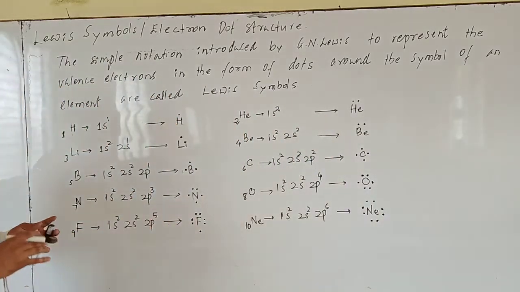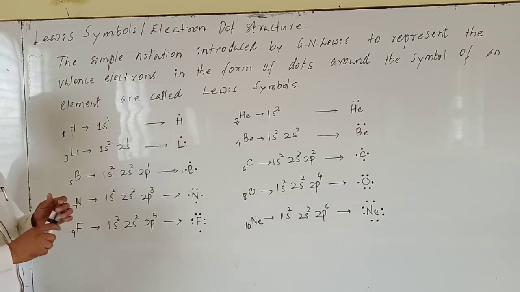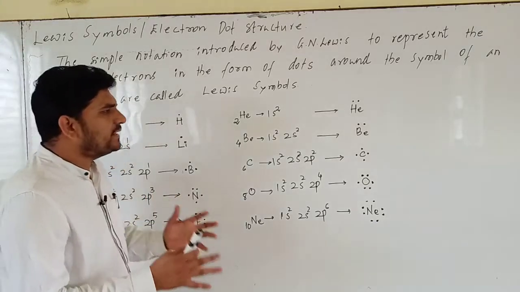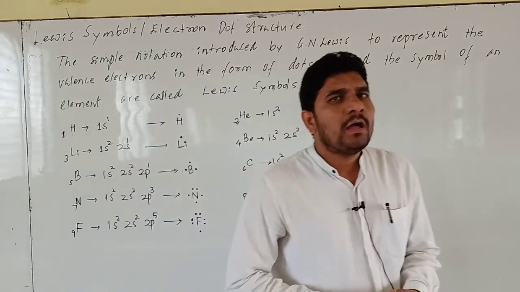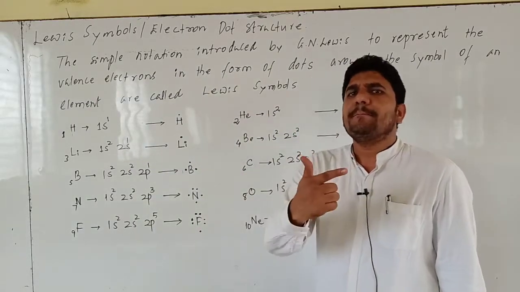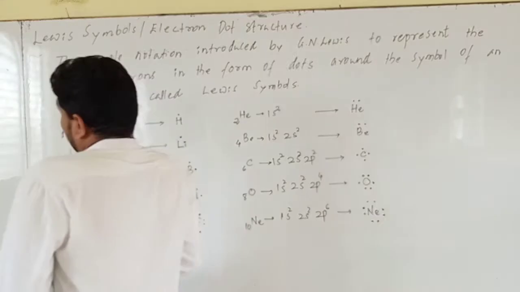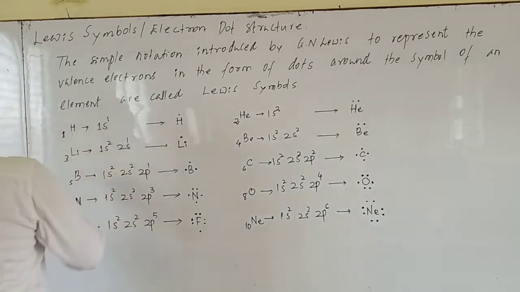This is how Lewis represented the valence electrons present in an atom around their symbols. Understood?